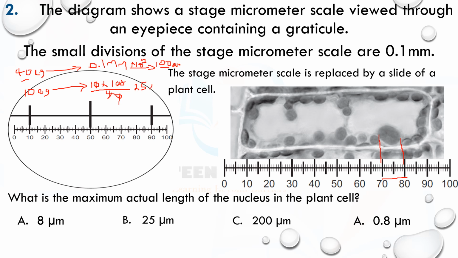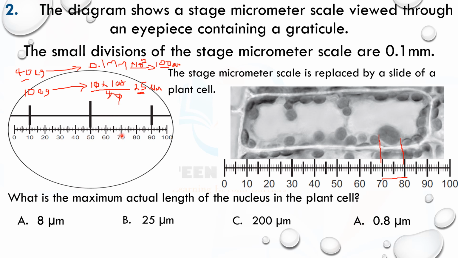Is that okay? The eyepiece graticule size is 10 divisions, so these 10 divisions will give us 25 micrometers. So 25 micrometers is the size of this nucleus. We just said from here to here is 1 division, which is 0.1 millimeters, and that is for the stage micrometer.